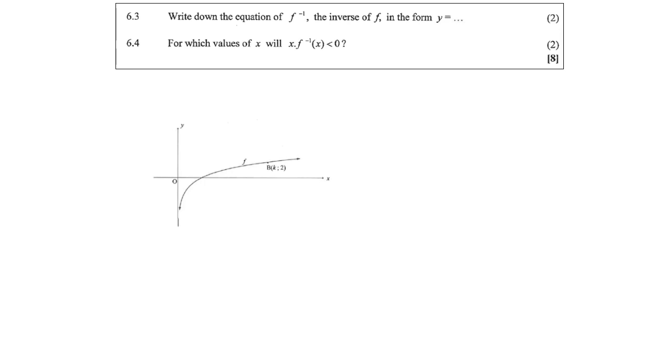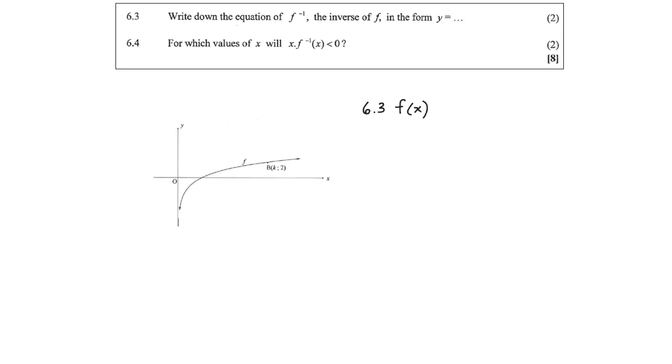For question 6.3, learners scored an average of 68%, and for question 6.4, 29%. Let's look at the questions. Question 6.3 asks us to write down the equation of f inverse in the form y equals.